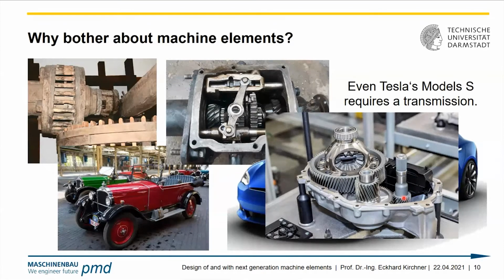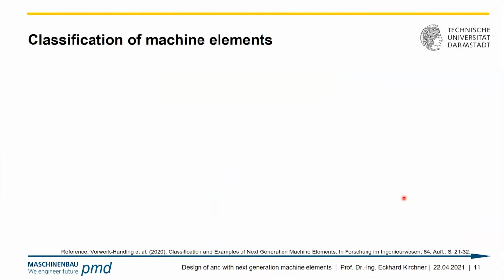And this is just talking about what I will call in the next slides the conventional machine element area, and not yet talking about the challenges which arise out of the overall present digitalization process, which is putting us all under pressure. So let's start to look at the machine elements and try to somehow classify those.